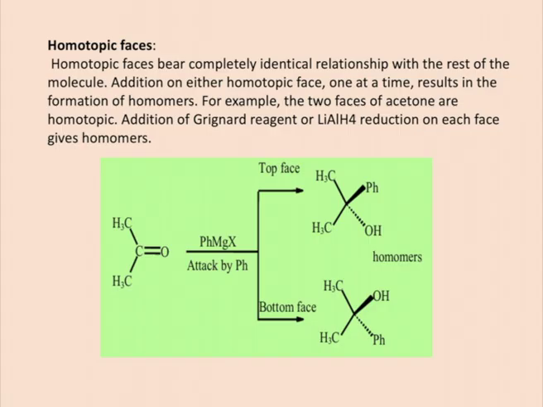Homomers means the same compound. Upon rotation by 180 degrees, you get from this compound to this compound, so both have the same configuration. These are the homomers, and we call them homotopic faces. Homo means same, and face means whatever space is available to attack that particular carbonyl group.